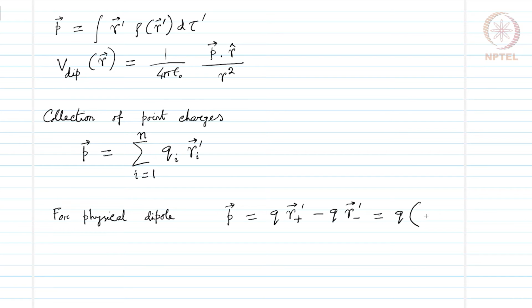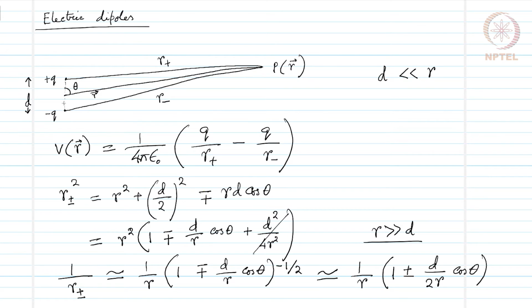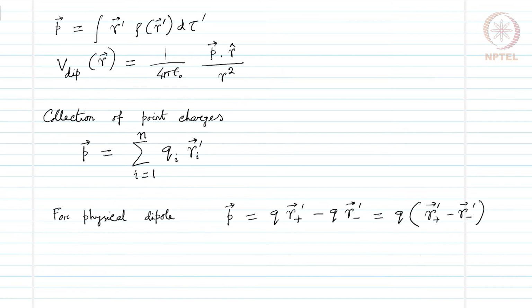q times r plus prime minus r minus prime, and this vector subtraction gives us the distance d between those two point charges.